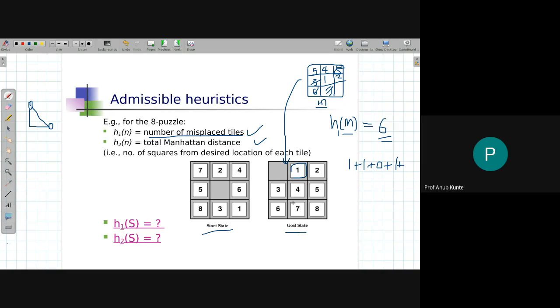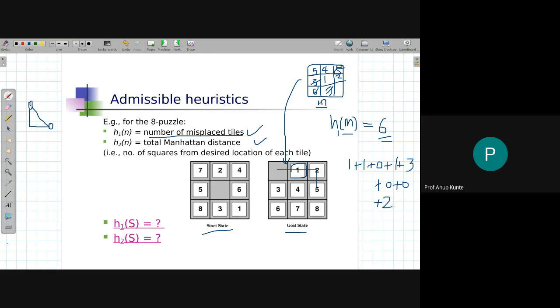What about 5? 5 should be placed here, but currently it is placed at this location. If I count the distance, it will be 1, 2, 3. So it is 3 Manhattan distance away from its correct place. 6 and 7 are correctly placed, so they are 0 Manhattan distance away from their actual place. 8 is placed in the upper right corner, whereas it has to be placed in the lower right corner, so it is 2 Manhattan distance away.